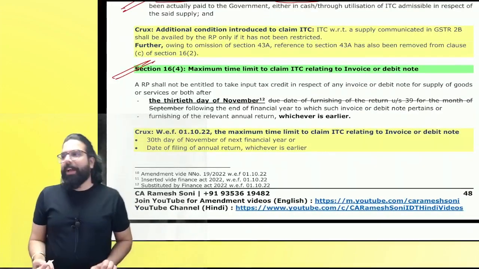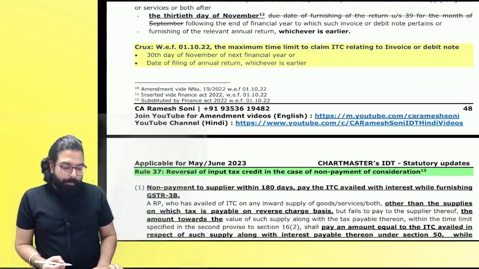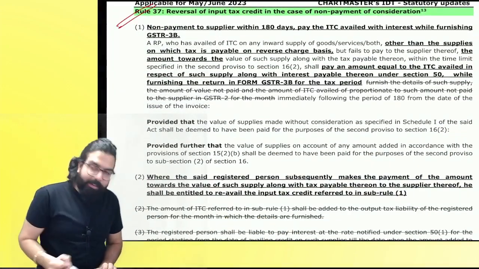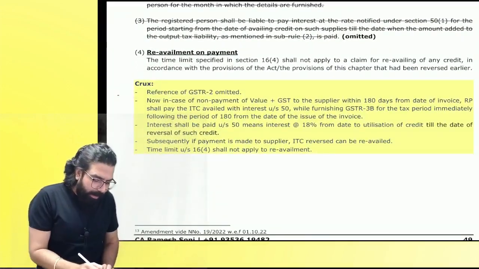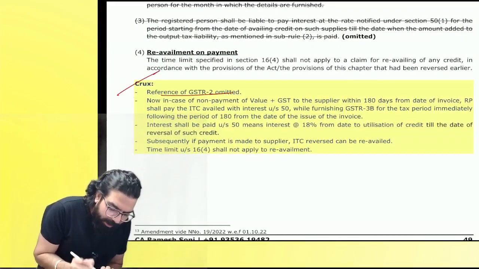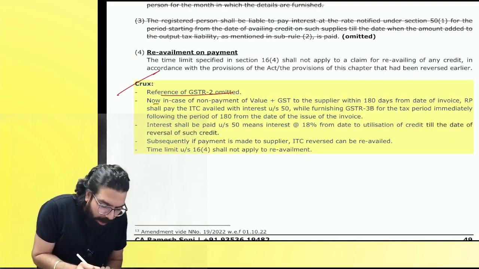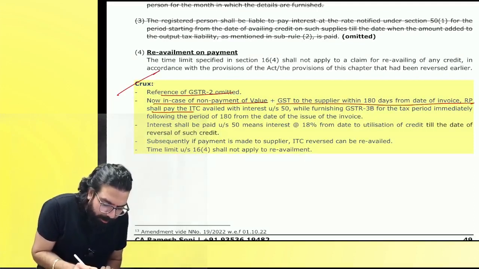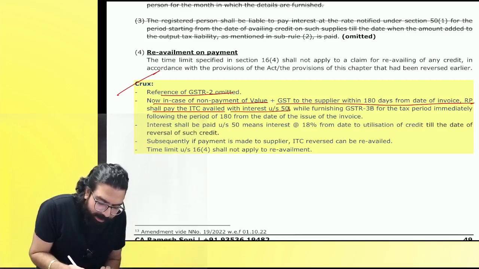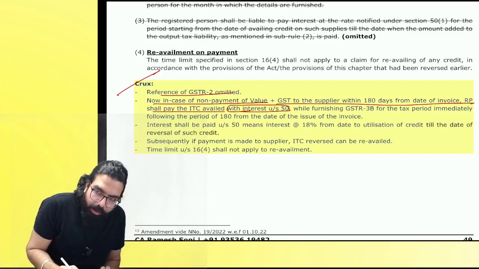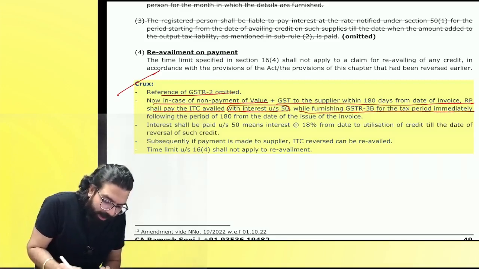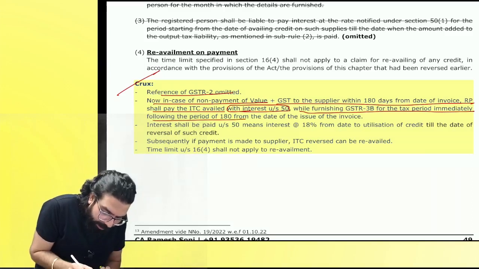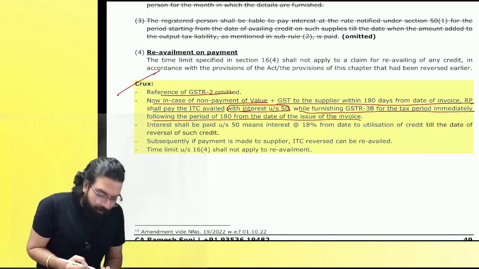Section number 16(4), maximum time limit, I have already told you. Then I have explained rule number 37 also. In rule number 37, wherever there was a reference of GSTR2, it is now deleted. Now, in case of non-payment of value plus GST within 180 days, the registered person shall pay ITC availed with interest. Interest will come when? If you have utilized it while furnishing GSTR3B for the tax period immediately following the period of 180 days from the date of invoice.